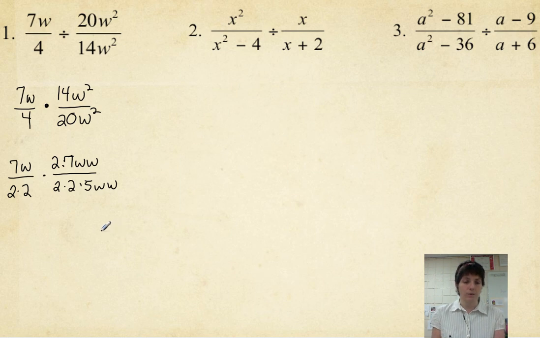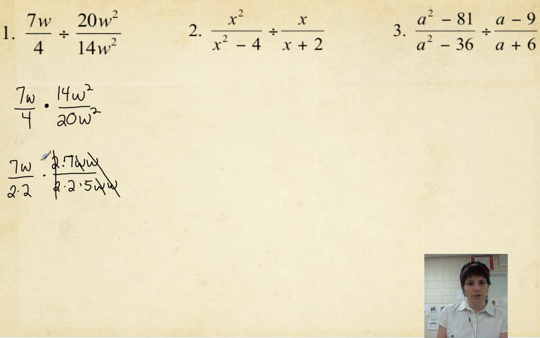And then we can start our simplifying. So a 2 over 2 becomes a 1, a w over a w becomes a 1. Oh, there's another w. W over w becomes a 1. And I think I have them all.